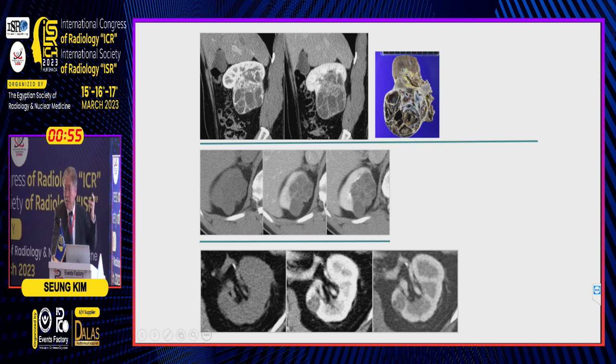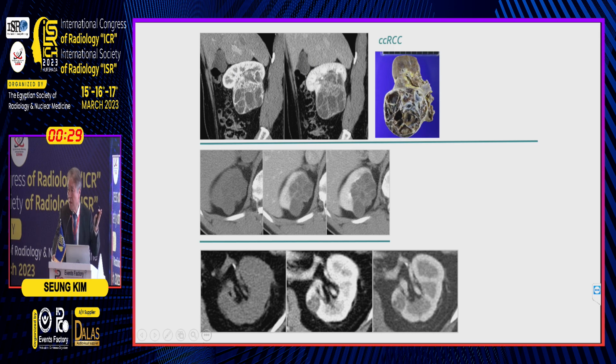This is a malignant lesion, a clear cell renal cell carcinoma. The second and third masses have complex septa, but not very thick, a little bit irregular. The third one also has similar complicated septa, not very thick, but irregular.